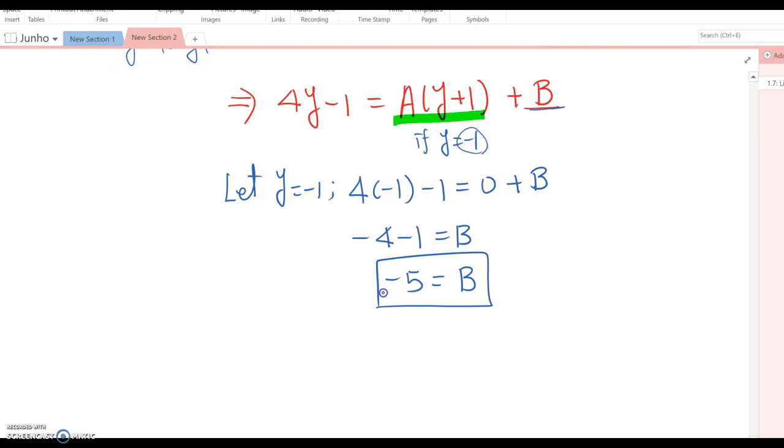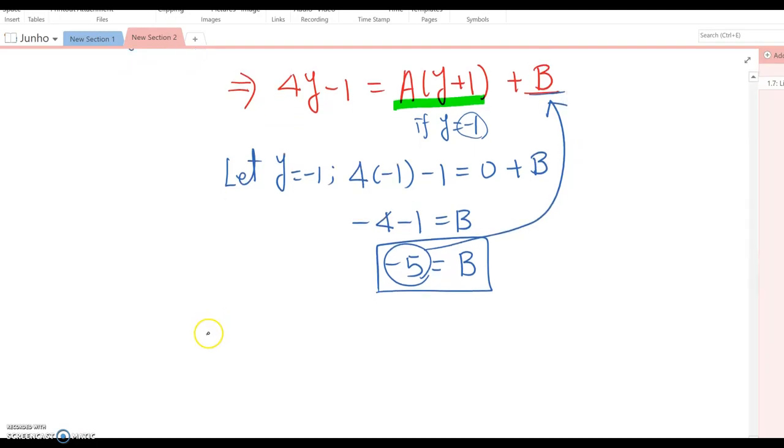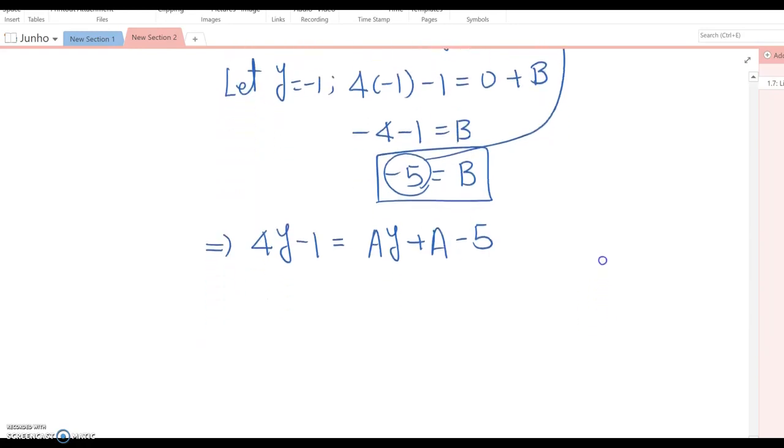So we found it. Now I'm going to replace b with negative 5 here, then expand and find the value of a. So this becomes 4y minus 1 equals ay plus a minus 5, because b equals negative 5.